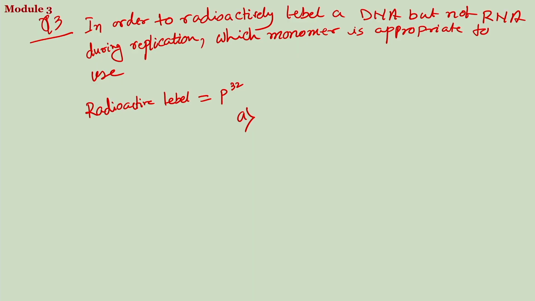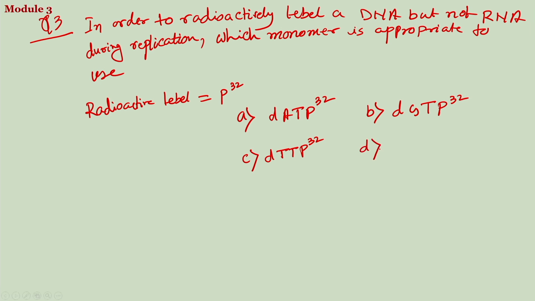Option A is dATP with a label P32. Option B is dGTP. C is dTTP, P32 labeled, and D is dCTP.